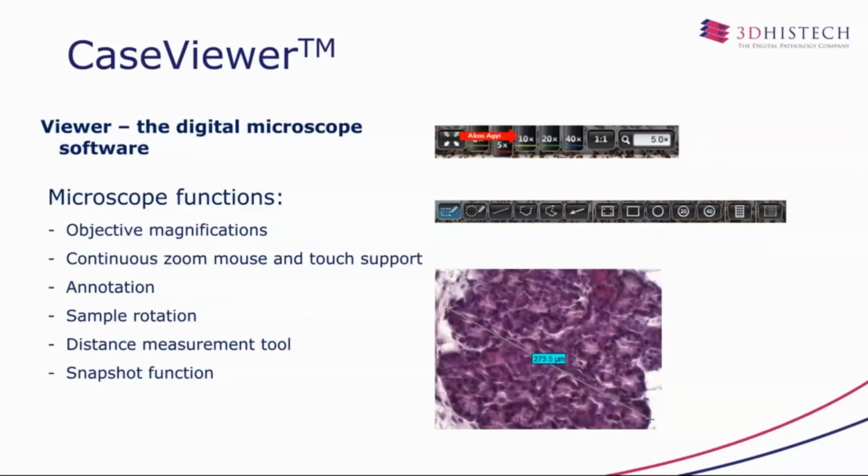We have the traditional magnifications here like 5x, 10x, 20x, and 40x. Of course, if you would like, you can use the scroll button from your mouse to zoom in and zoom out, and you can also zoom in and zoom out by using touch gestures on a touch screen.